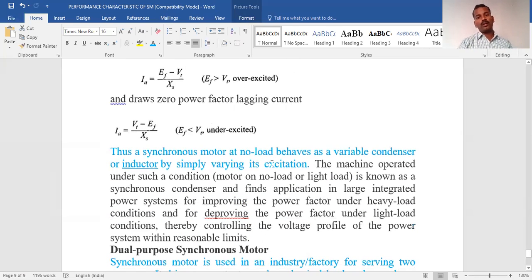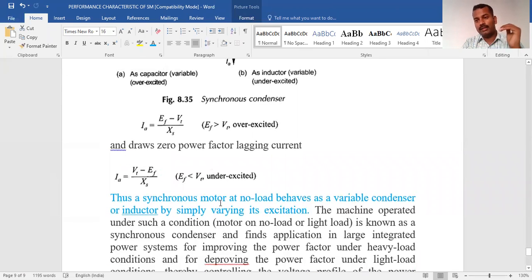Thus, the synchronous motor at no load behaves as a variable condenser or inductor by simply varying its excitation. This means the synchronous motor may act as a condenser as well as an inductor. It will work as a capacitor as well as an inductor by changing or governing its excitation.